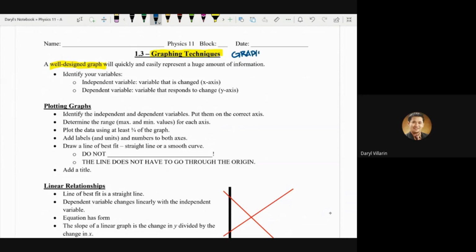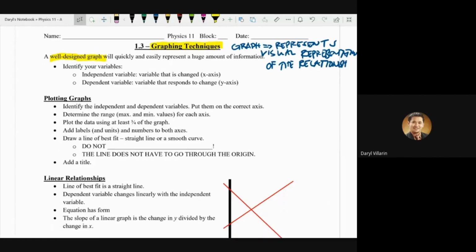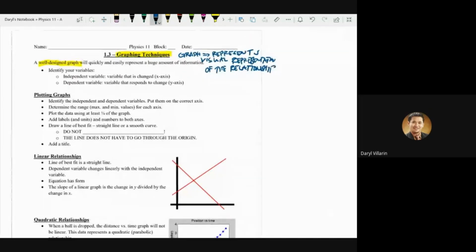A graph represents a visual representation of the relationship between variables.